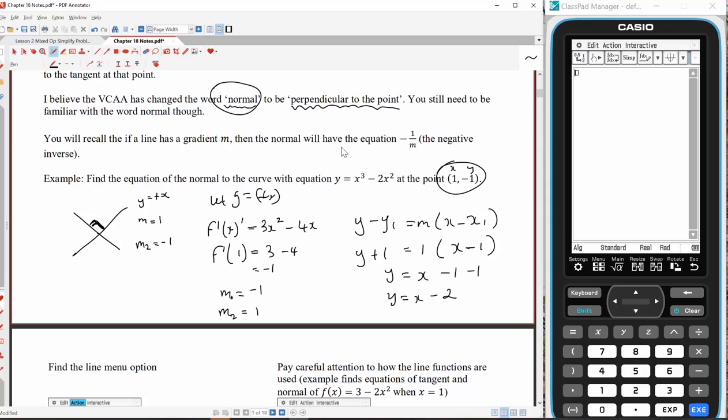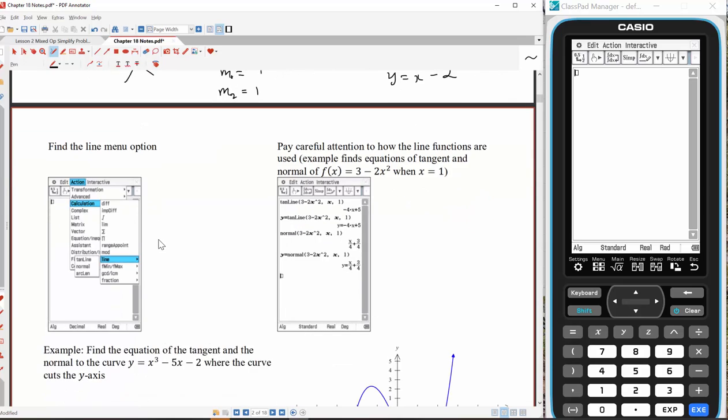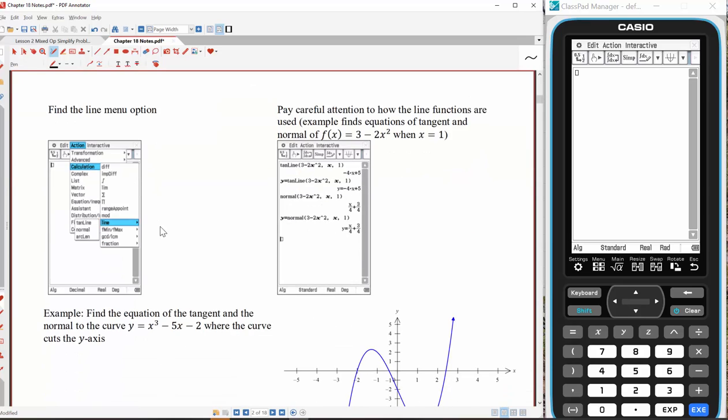And if we graph this, what will essentially happen at the point 1, negative 1 is if the tangent would go that way, the normal will be that way, at 90 degrees to the tangent. We can use a calculator to do this quite efficiently.